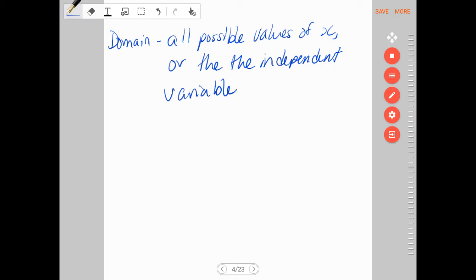So if you were to, let's say, graph these particular points, then the domain would be 1, 2, 3, because those are the x values of your points.